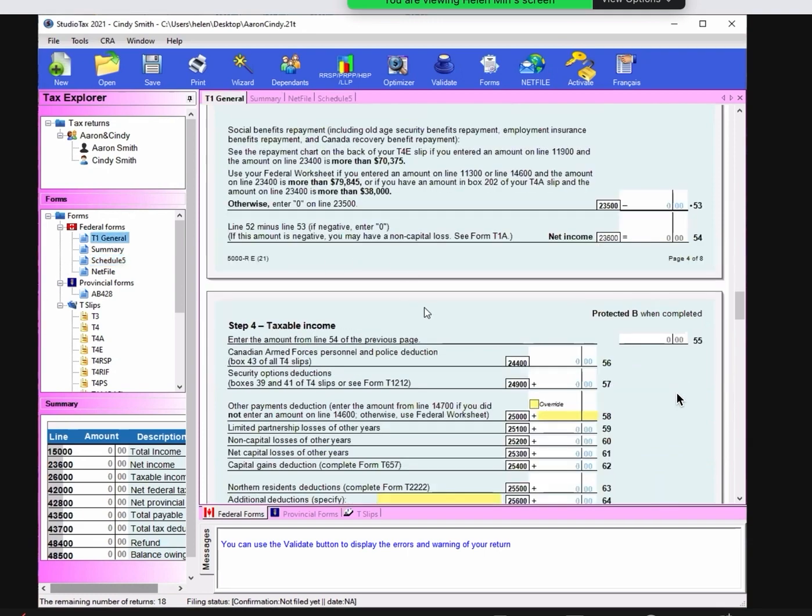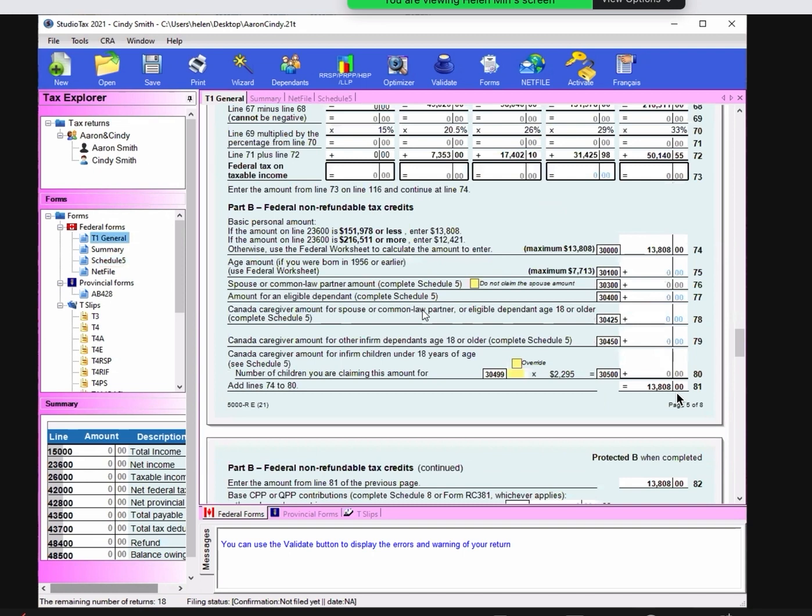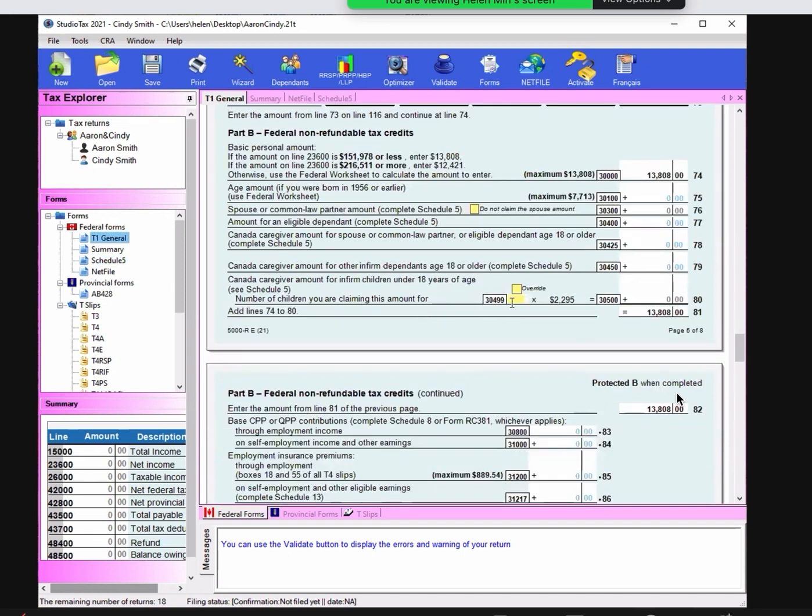See, this is page 5. Did I share my screen? Yes, you see the T1, right? Look up line 80, caregiver amount. Line 80 is the caregiver amount for infirm children under 18 years of age.